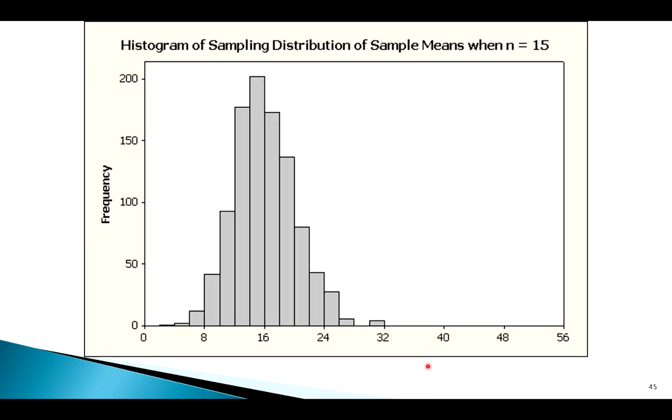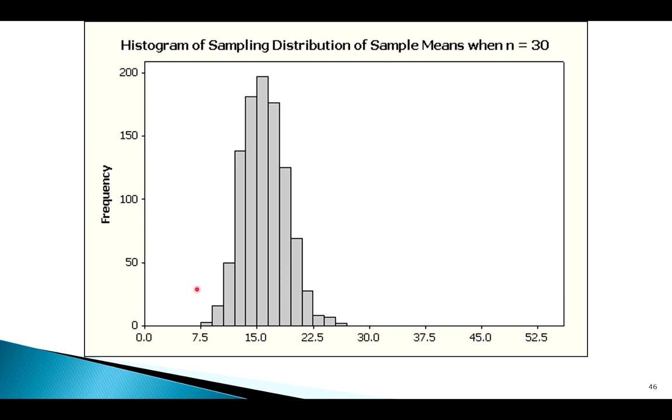Alright, let's bump the sample size up to 15. So 1,000 samples of size 15 graphed their means. This is probably looking a little more normal. Maybe not perfect, but a little more normal. The mean here, about 16. Standard error getting smaller. All right, bump n up.